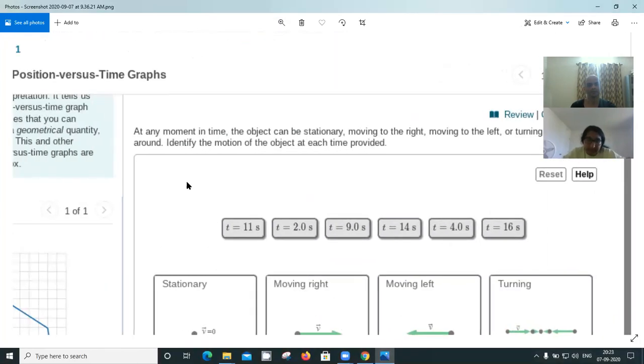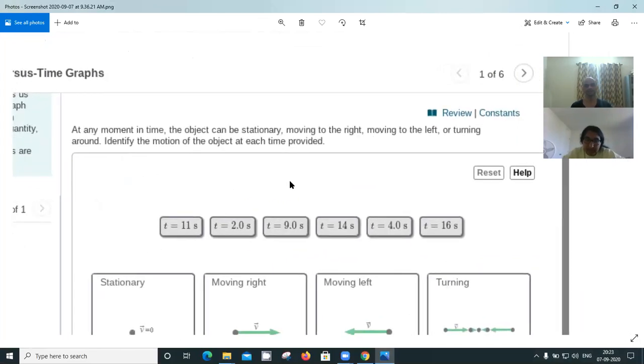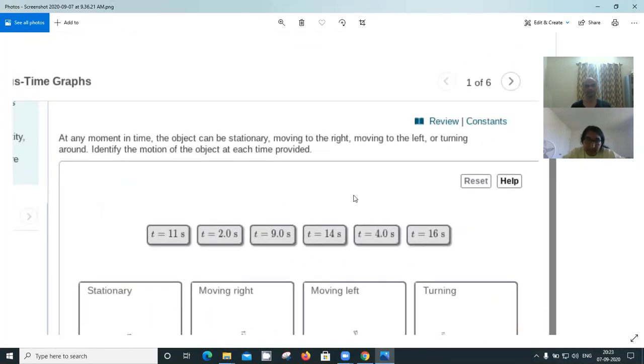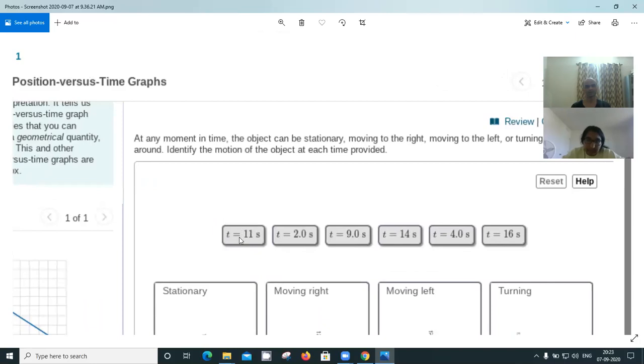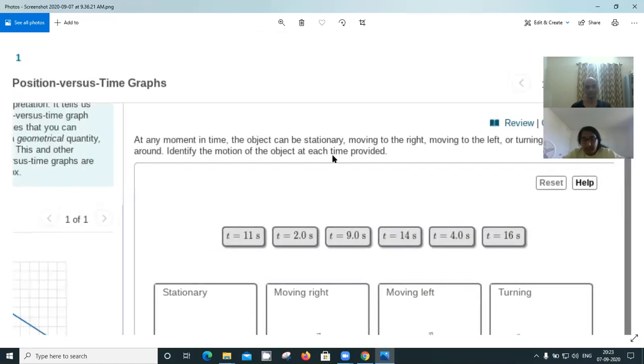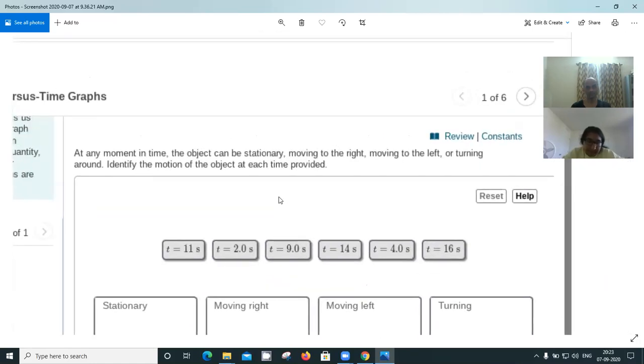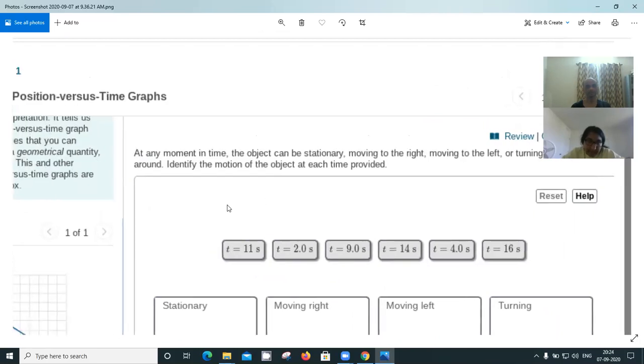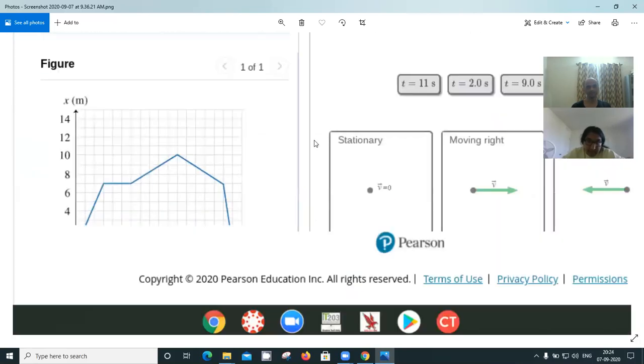So at what moment in time the object can be stationary, moving to right, moving to left, turning around, identify the motion of the object at each time provided. So you just have to see whether it's stationary or moving, and then whether right, left or turning around. Okay, t equal to 11 seconds.